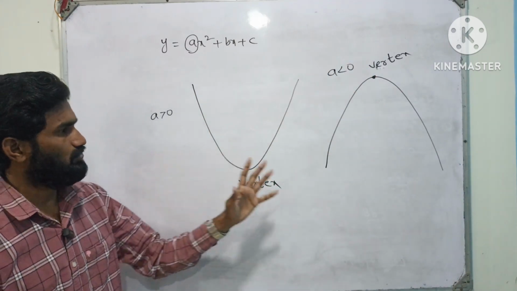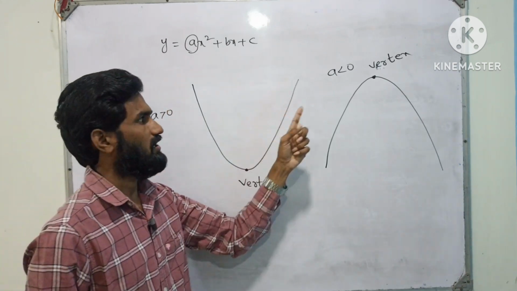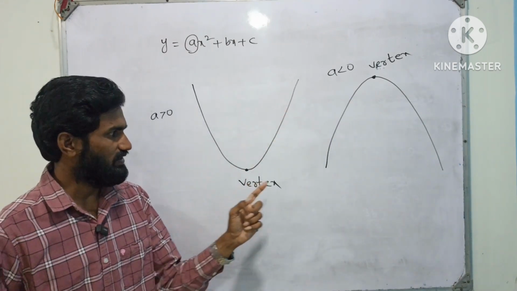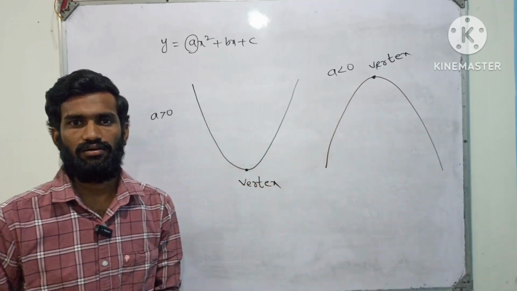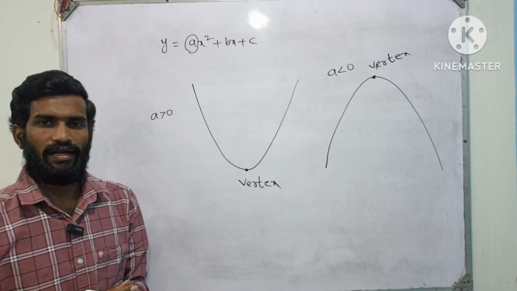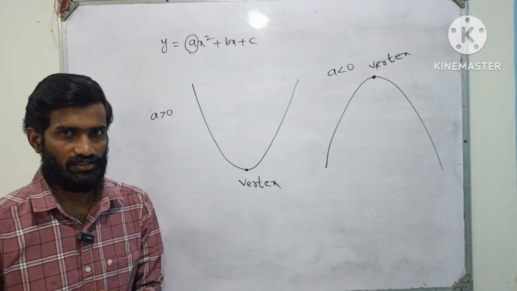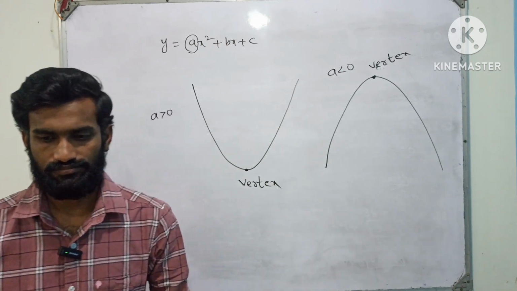First of all, you need to know these two things. Now if A is greater than 0, three cases arise. Now we are going to see that.